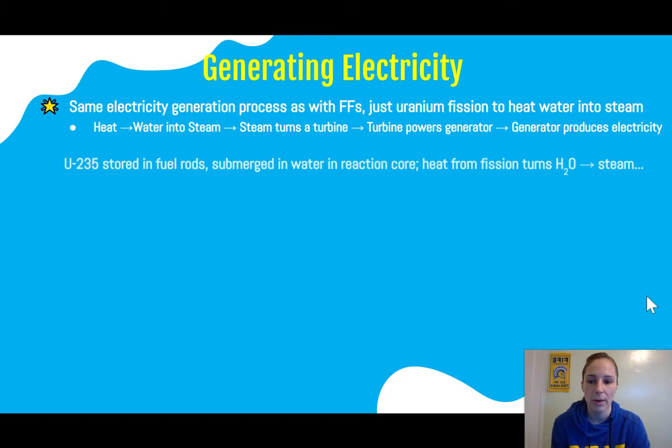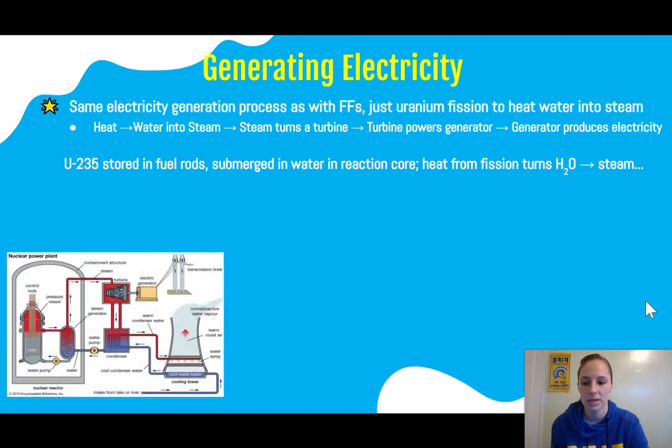The way that we generate electricity, we have this uranium-235 that is stored in fuel rods. You take these fuel rods and submerge them into water in the reaction core area. This is where you get the heat from the fission turning the water into steam.